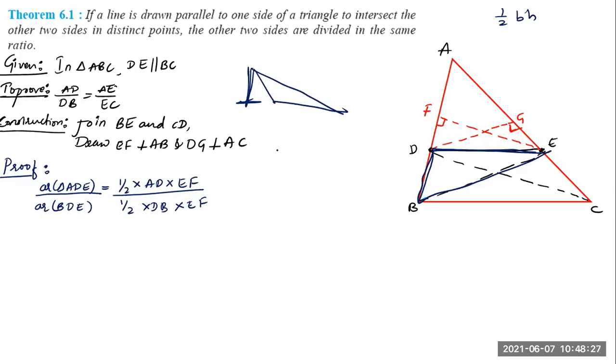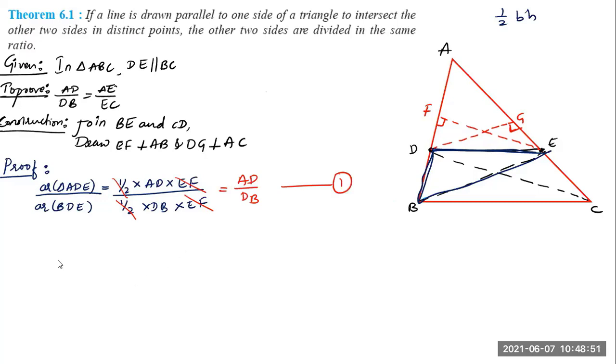Now you can do the cancellation. The half will get cancelled, and EF will get cancelled. So this is AD by DB, equation number 1.